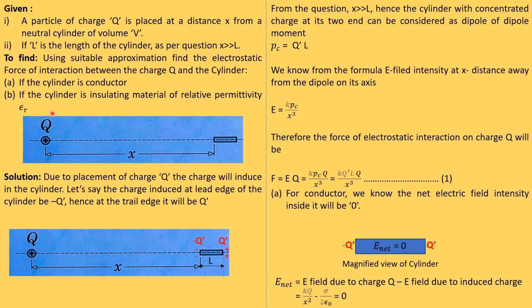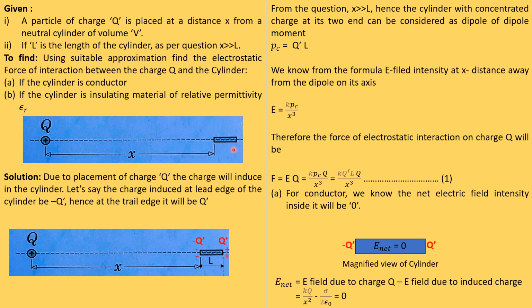What is happening? When the charge Q is placed at a distance x away from the cylinder, because of the electrostatic interaction, negative charge will start accumulating at this edge and positive charge at the farthest end.